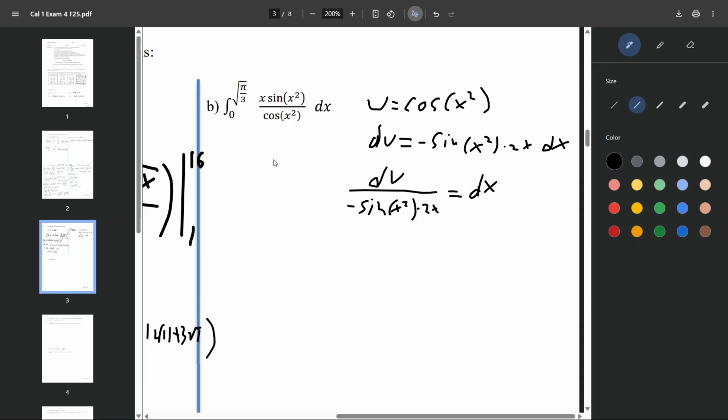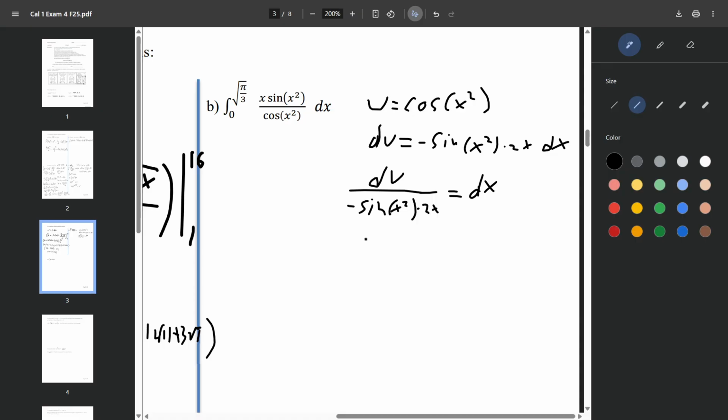However, what we also need to do is change our bounds. Because our bounds are 0 to root pi over 3, we need to change them corresponding to what our u is.